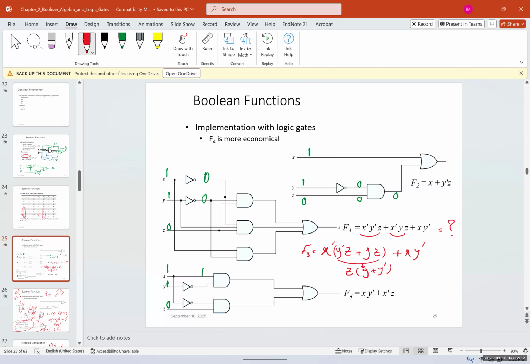What is y plus y prime? 1. And z times 1 is equal to what? Z. So F3 would be equal to x prime z plus x y prime.